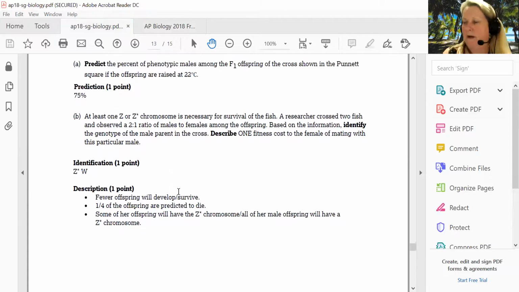By working backwards from the assumption that one of the offspring was WW, and that's why you had a 2:1 ratio, we figured out from our Punnett square that the male had to be Z0W. And for the fitness cost, you could have said any of these 3 things. Fewer offspring would develop or survive. A quarter of the offspring are predicted to die. You could also make an argument that having offspring with the Z0 chromosome could be a disadvantage.